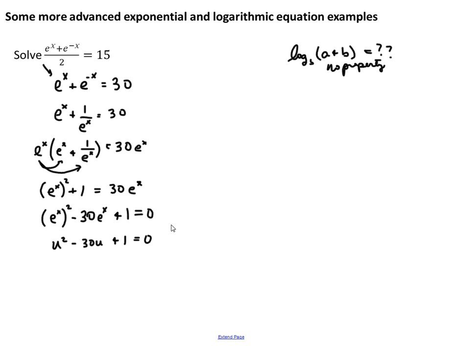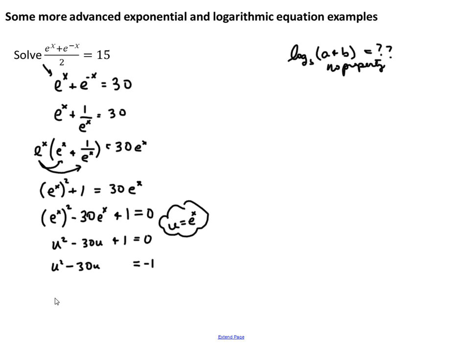But again, recognizing that u is replacing the quantity e to the x, what could we do? Well, one thing we could do is complete the square right here, since it's a nice even number in the middle term, and we already have u squared up front. Let's just take advantage. So I have u squared minus 30u is equal to negative 1.